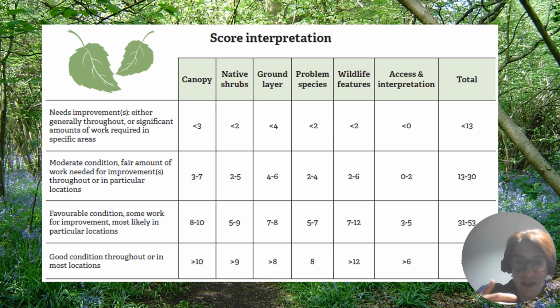Between 31 and 53, it starts to be in favorable condition, although it still needs some work, and so on. So you can see for each of the categories where you are, and then for the total score. But as I mentioned, for me it's more valuable knowing for each category where your woodland is, more than overall, because then you know what category you need to tackle more.